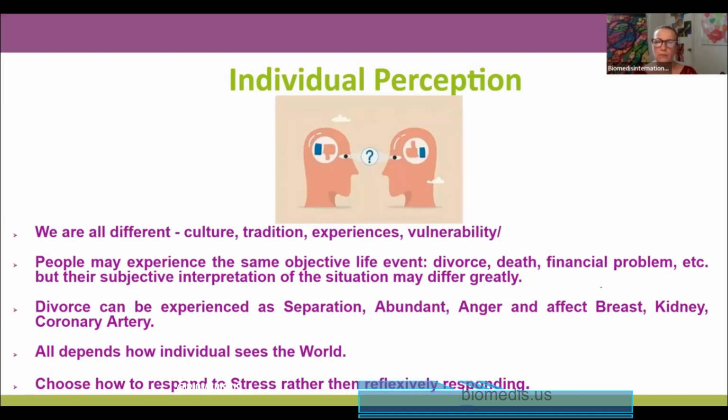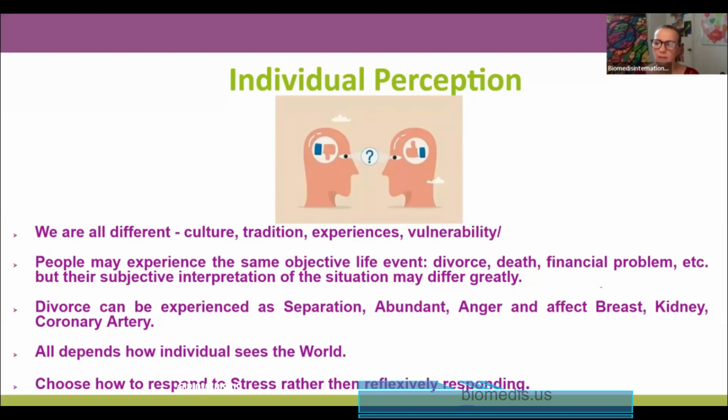For example, for some people, divorce can be experienced like a separation. For somebody it's like abandonment, for somebody they will be very angry, and depending on the emotions the person has, it may affect the breast in separation.